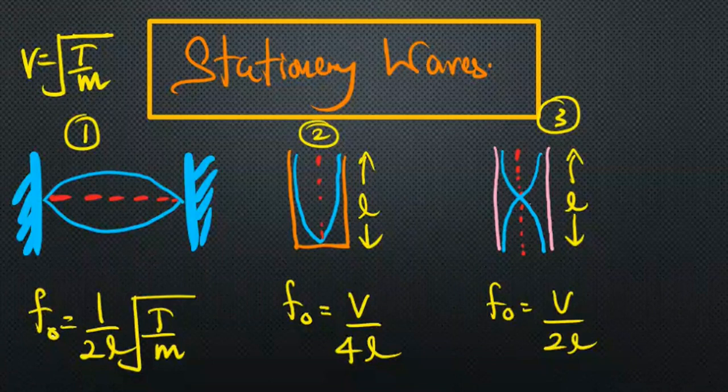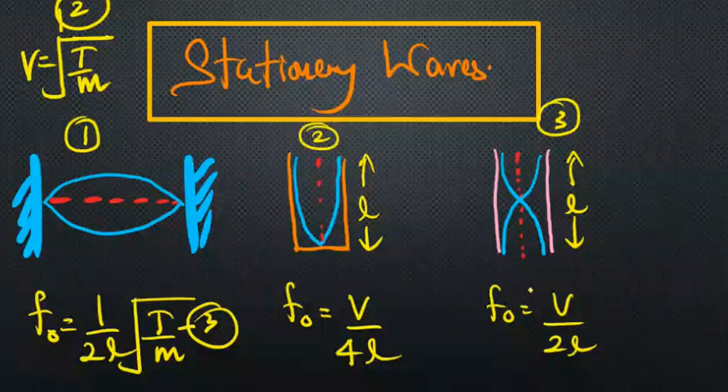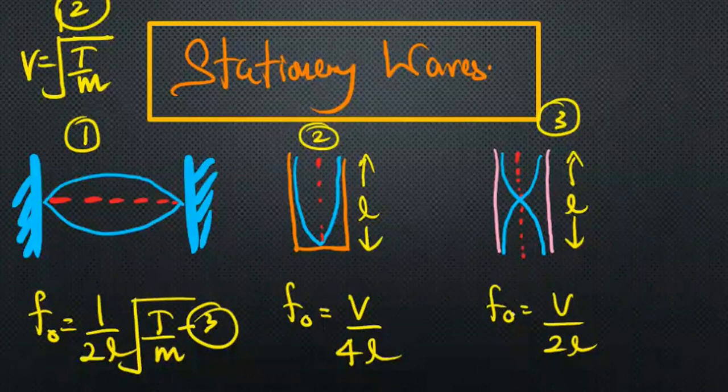The fundamental frequency for a stretched string is f0 equals 1 over 2L root T over m. Here root T over m is the velocity of the transverse wave in a stretched string. So this is our second equation. Then the third equation, the fundamental frequency of an open tube, f0 equals v over 2L.